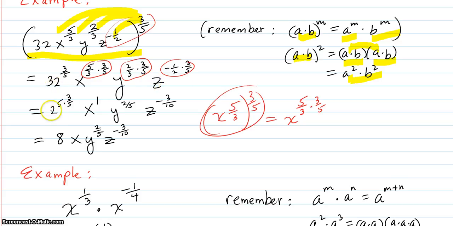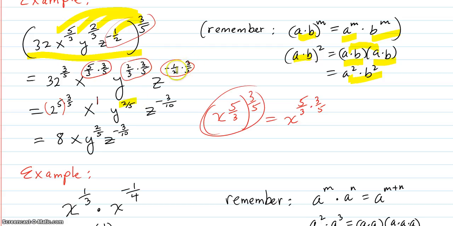32, as shown previously in the above example, is 2 to the 5th, to the 3/5 power. And that's like that, or multiplying. And then this is a 1. This over here, the 3's cancel and you get 2/5.